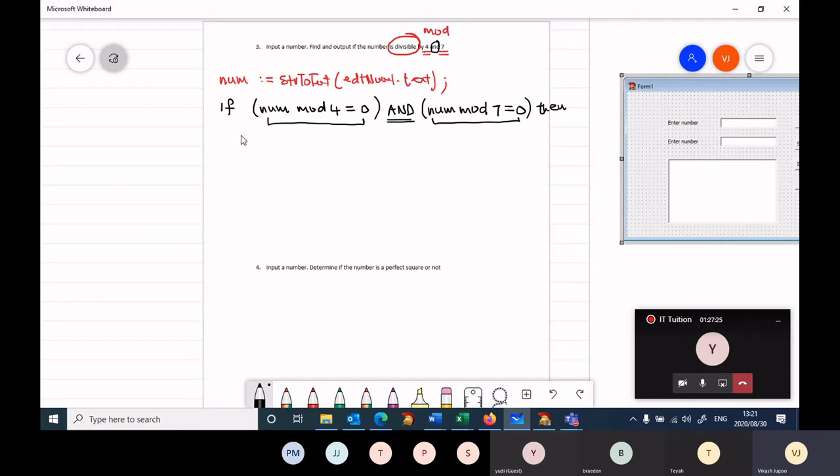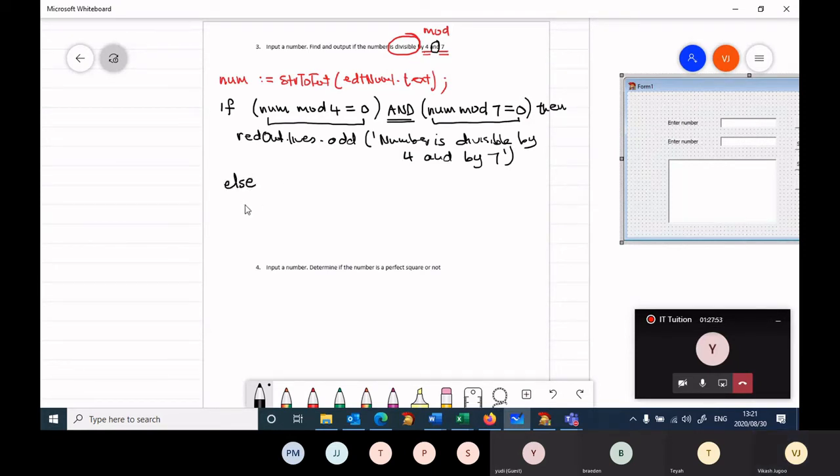And because I need only one statement, I'm going to omit my begin and end, and I'm simply going to say readout.lines.add number is divisible by 4 and by 7.